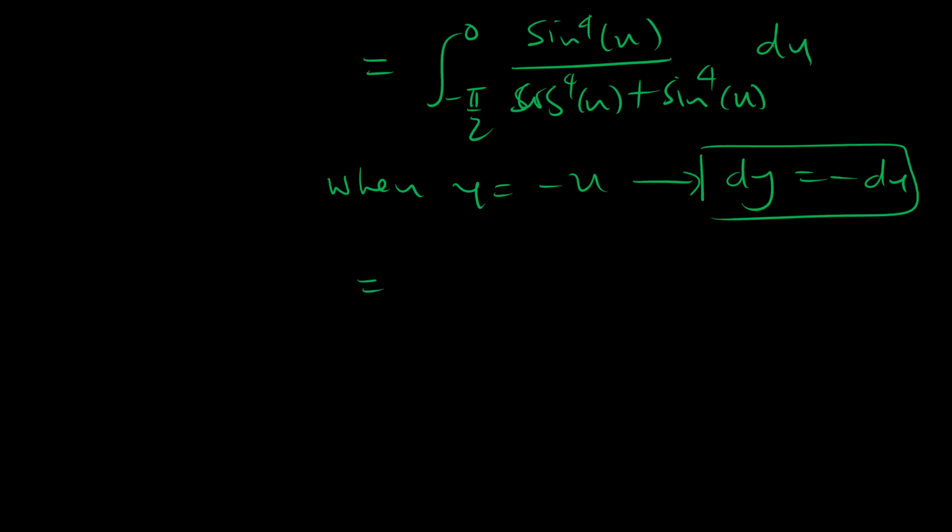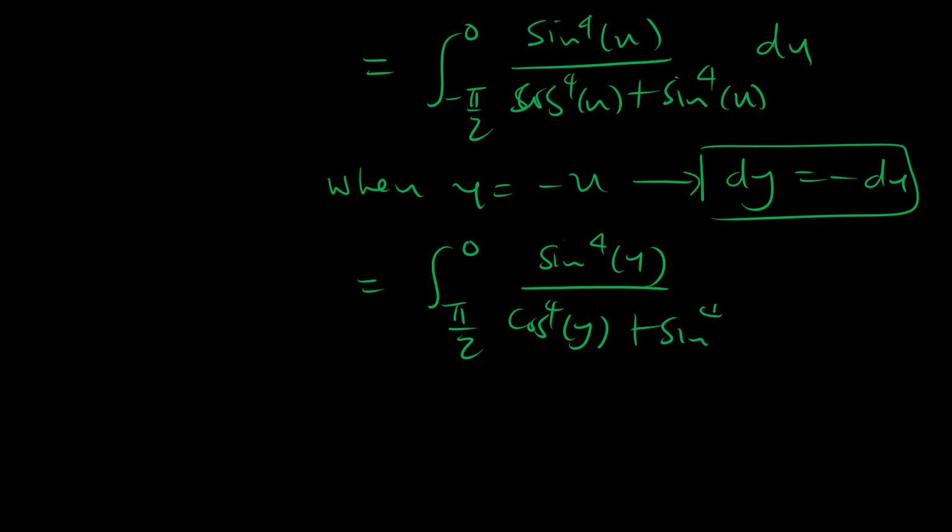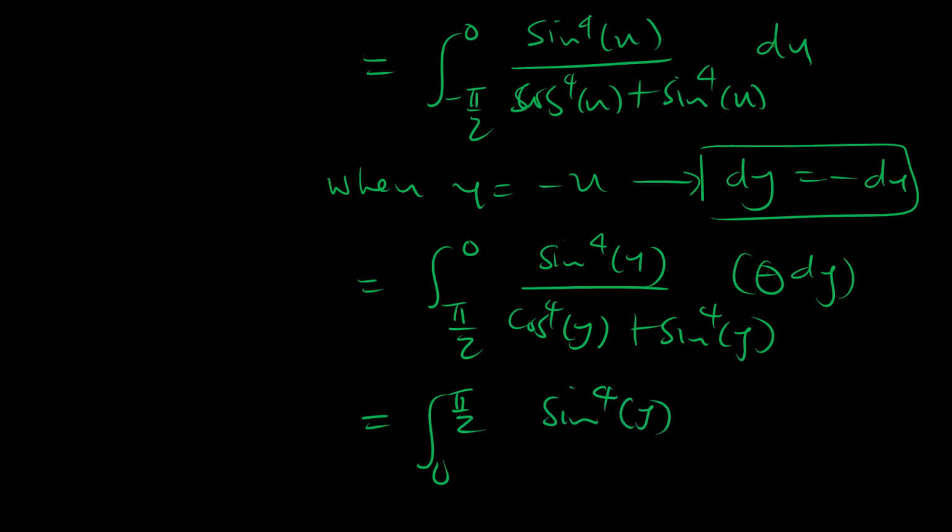And so this becomes pi over 2 to 0, and since we have the power 4, we have sine to the 4 of y over cosine to the 4 of y plus sine to the 4 of y, negative dy. So this sign here allows us to flip the limits back. So we have sine to the 4 of y over cosine plus sine.